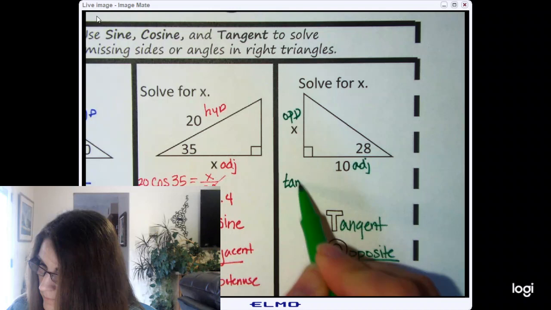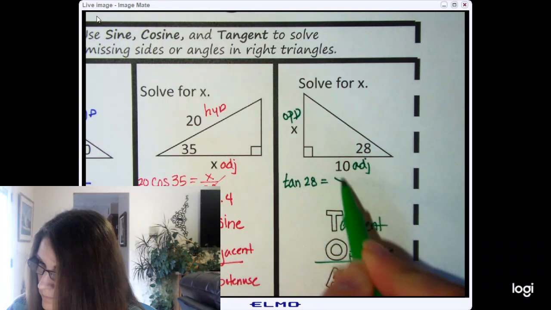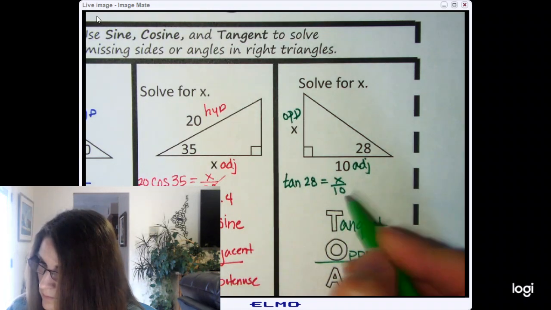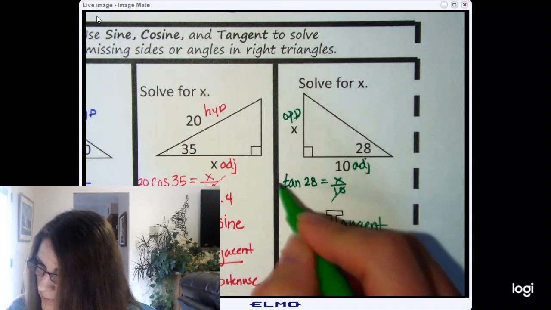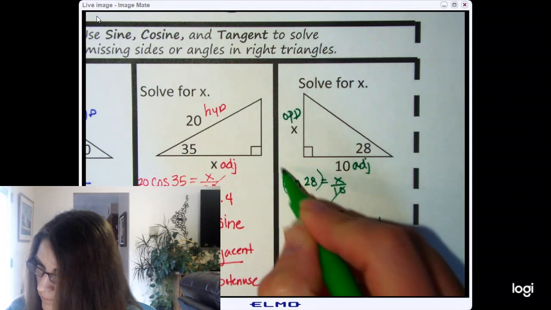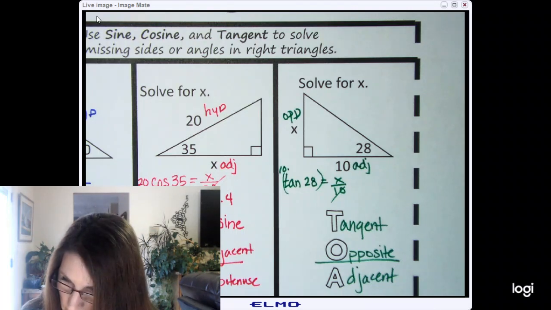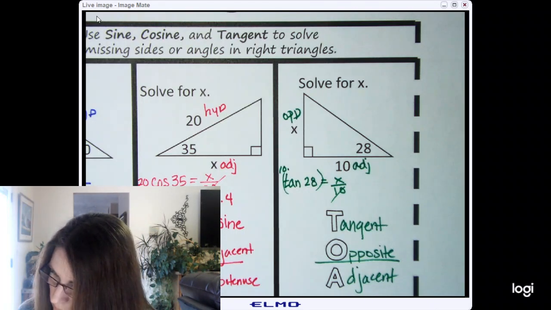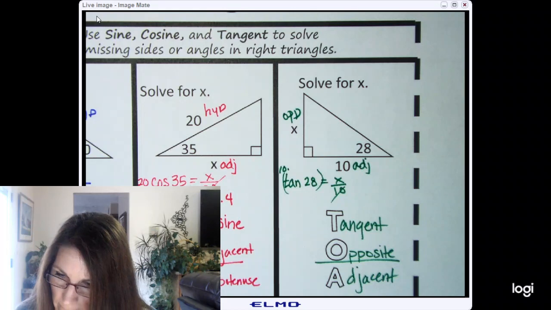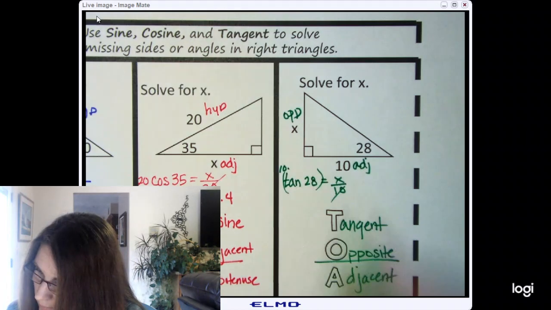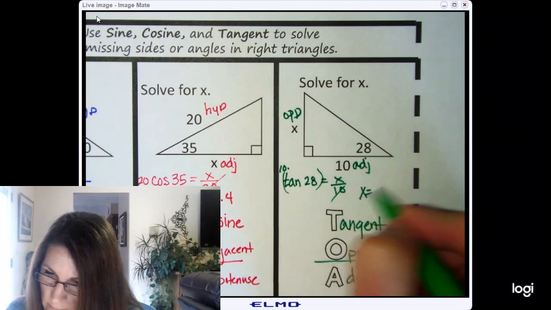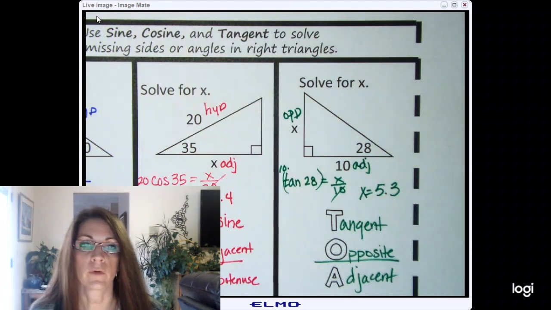Tangent of 28 is opposite over adjacent, times both sides by 10. I can type that in my calculator. 10 times the tangent of 28, and our missing side is 5.3.